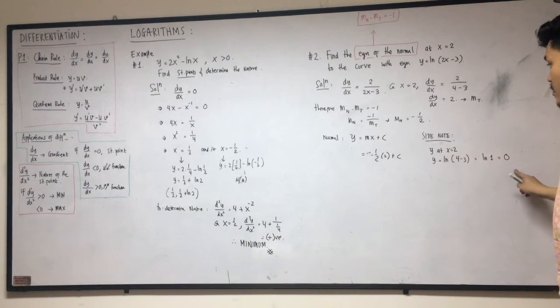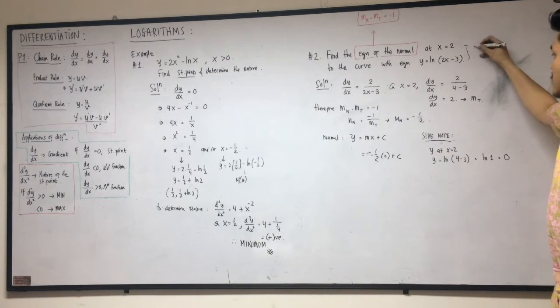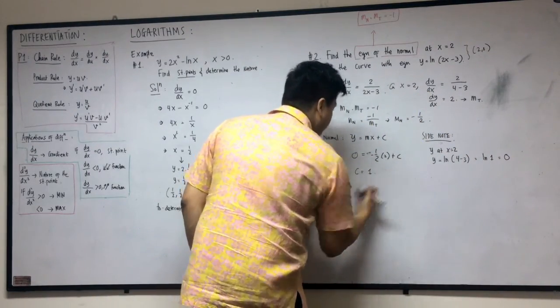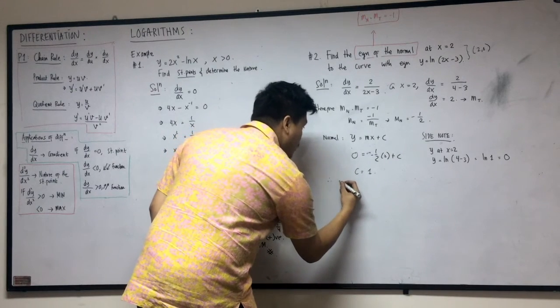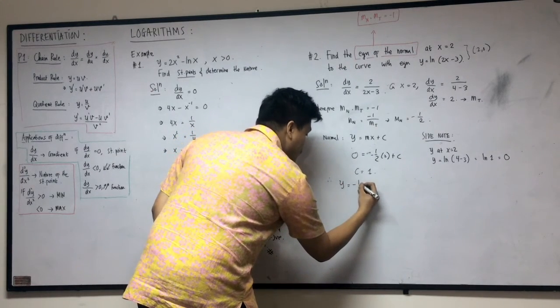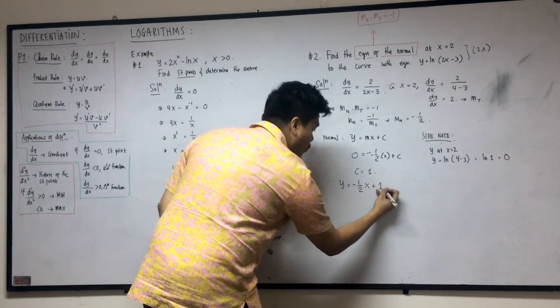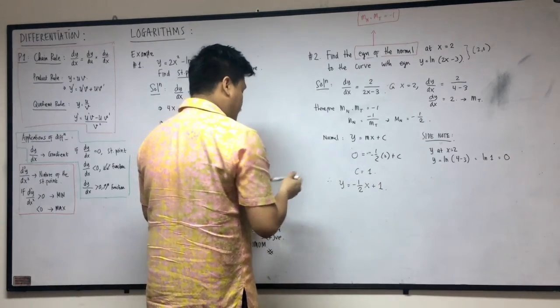So y equals 0, and the coordinate is actually (2, 0). So your c is going to equal 1. Therefore, the equation of the normal is y equals minus half x plus 1. And that's going to be your final answer.